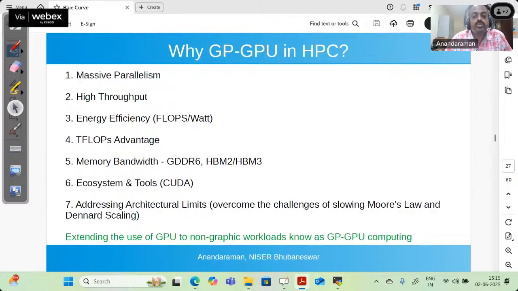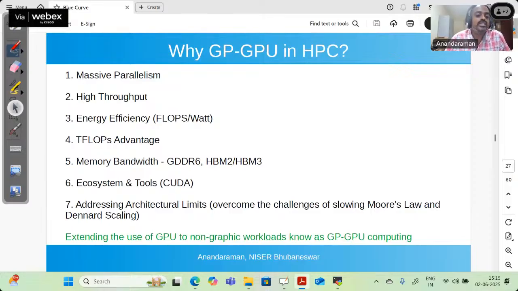So we are using general purpose GPU in HPC because it is designed for parallelism: massive parallelism and high throughput. Memory bandwidth is higher in GPU than in CPU memory. GDDR6 has come for GPU, but CPU is still on DDR5, and high bandwidth memory is also there. So high throughput is possible with GPU memory.